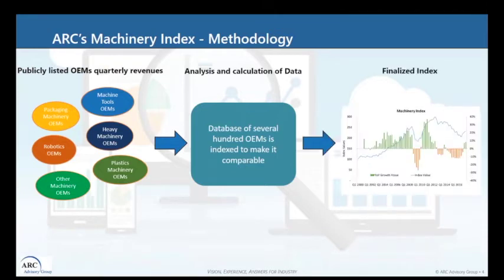So we can produce our finalized index, generating charts and figures that make it simpler to understand the development of the history and also, of course, of the future, what we expect. This report is published quarterly as well.